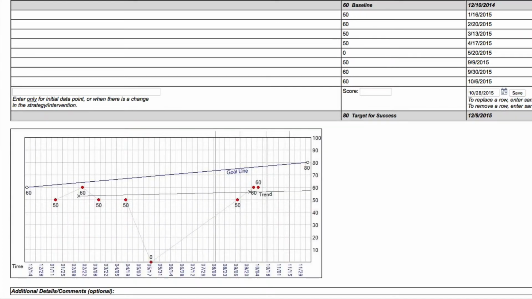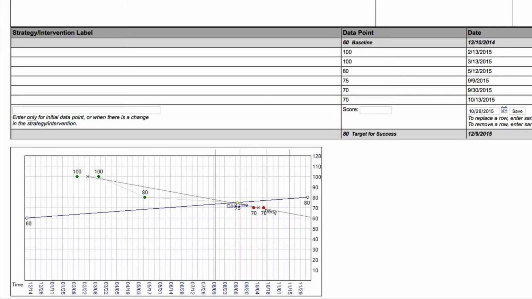Goal 2 says the student will exhibit an appropriate response when redirected by adults. The student has 3 data points. The next goal: the student will improve his reading comprehension and inferential skills by correctly answering questions regarding content he recently read.